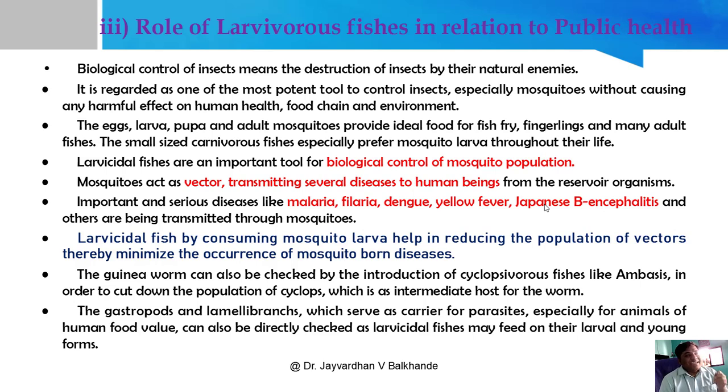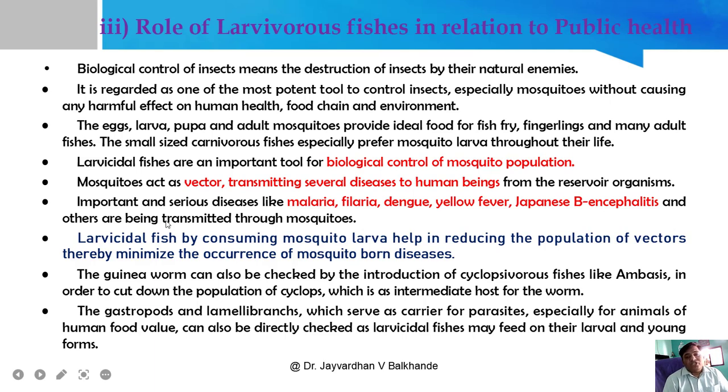Now the eggs, larvae, pupae, and adult mosquitoes provide ideal food for fish fry, fingerlings, and many adult species. The small size carnivorous fishes especially prefer mosquito larvae throughout their life. So this is a very important aspect. Now these larvicidal fishes are an important tool for what? For the biological control of the mosquito population.